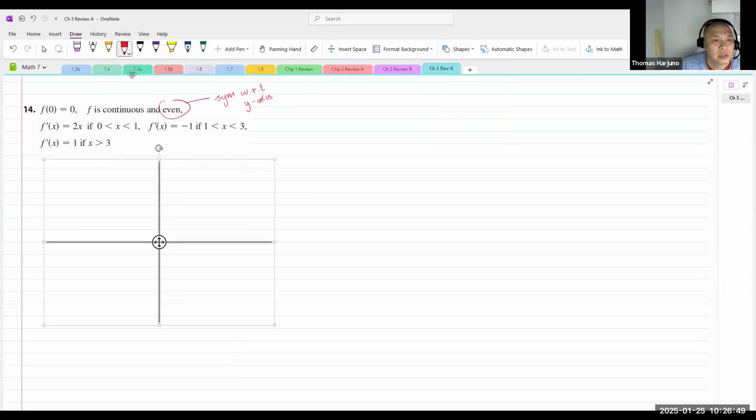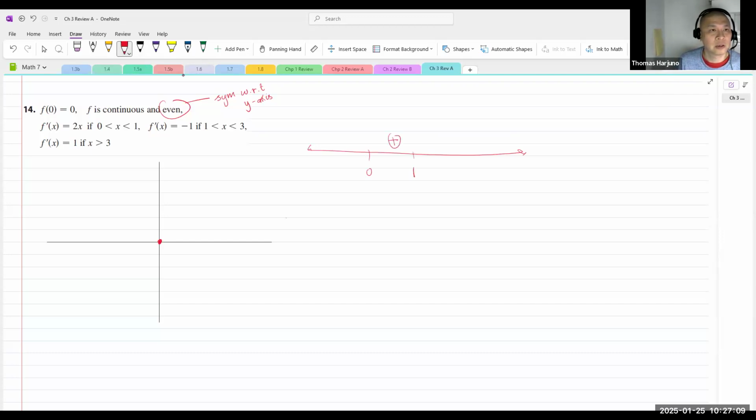f(0) is 0. Let me just put it there. f(0) is 0. Okay. The first derivative is 2x from 0 to 1, which means it's positive, right? So from 0 to 1, it's positive here. From 1 to 3 it is -1.